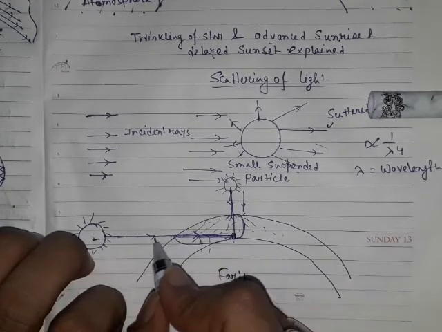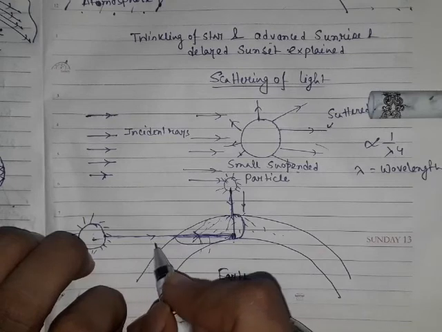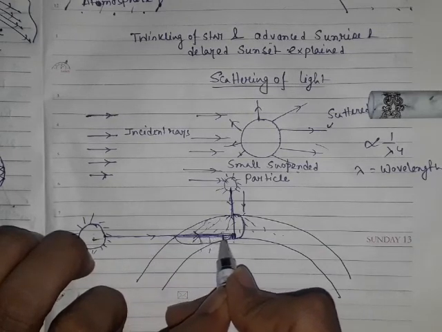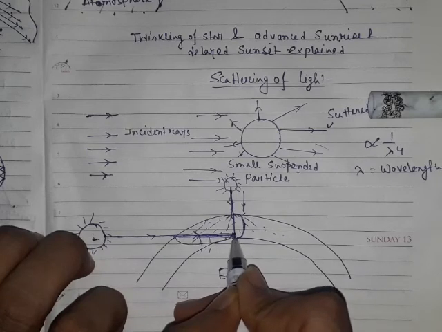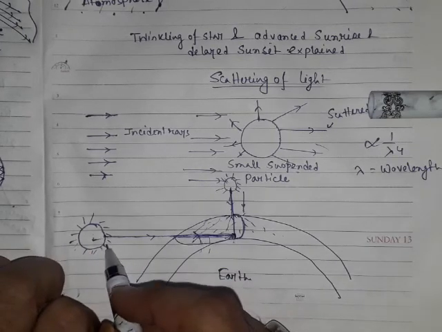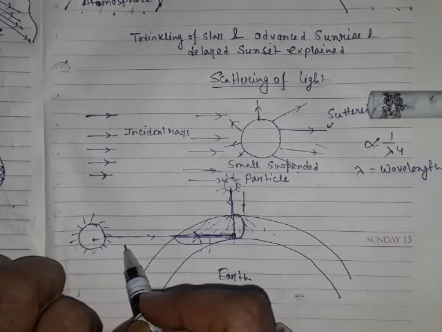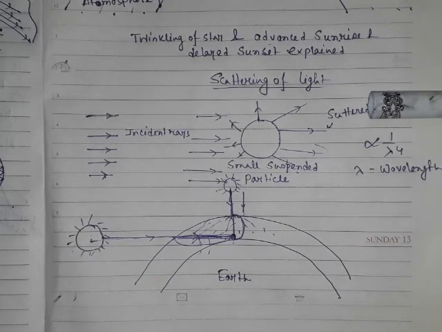So only the red and orange, the higher wavelength rays, can continue their journey to our eye without being scattered. That's why we see the red sky during sunrise or sunset. Okay, so I think this is clear.